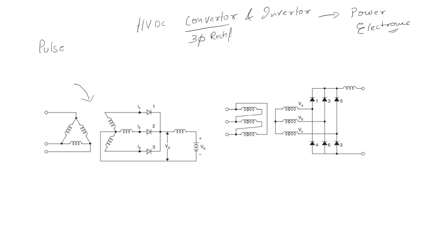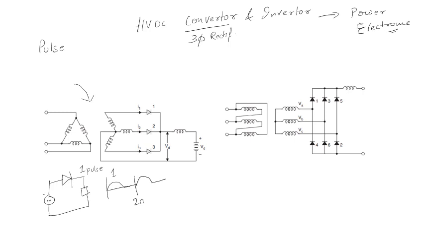Now if you have an AC supply, and you put one diode and a load, how will you get the output pulses? You will get this type of pulses, and then you will not get any pulse, and then again. So for one 2 pi cycle you are getting one pulse, so this is called one pulse converter.